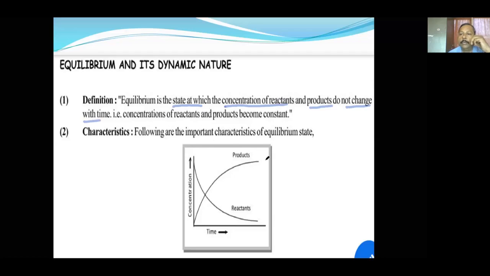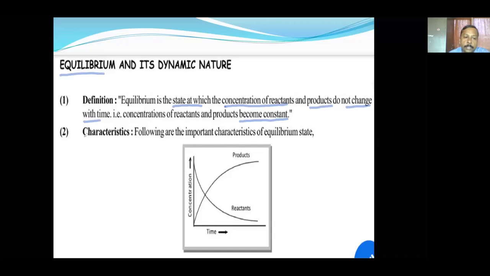What is stress and how you apply it, you will come to know at the end of this lecture. Once equilibrium is attained, the concentrations are constant with time, and that state of the reaction is called equilibrium. I think the definition is clear now.